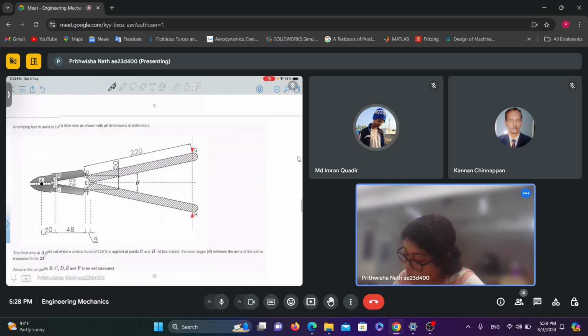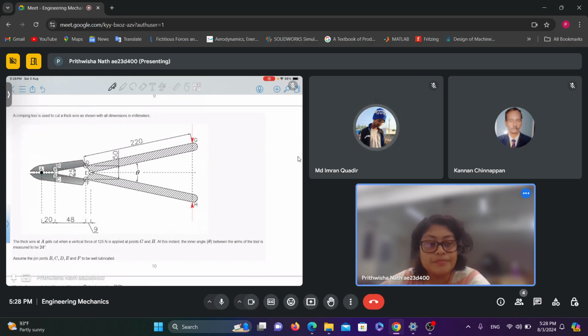So the next problem, a crimping tool is used to cut a thick wire as shown with all dimensions in millimeters. The thick wire at A gets cut when a vertical force of 125 Newton is applied at point G and H. At this instant, the inner angle theta between the arms of the tool is measured to be 25 degree.